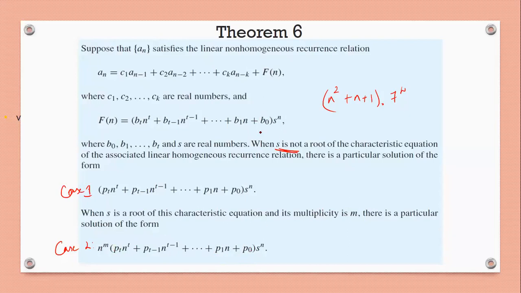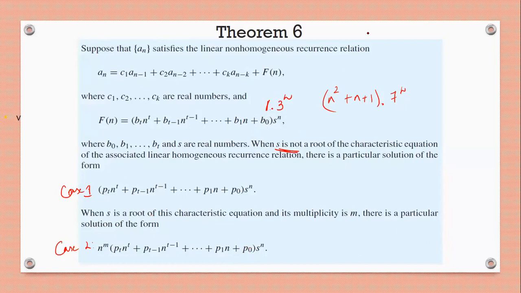Why? Because we have 1 times 3^n, a product of a polynomial and the nth power of a constant. Hence we have to take p0.